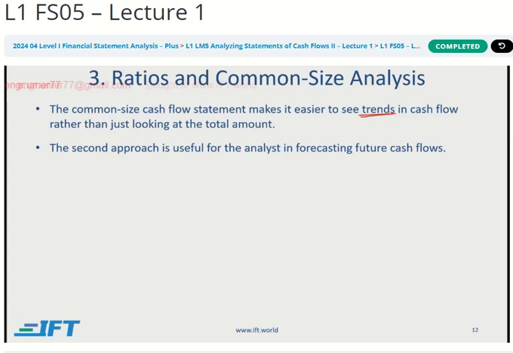Rather than seeing the whole amount, that okay, what are the sources of inflow and what are the uses of outflow, in percentage terms you can see, okay, my sources are coming 80% from, let's say, cash flow from operations from customers, and my uses are 80% going into cash flow from investing, and within that it is going into depreciation. So when you see it as a percentage of inflow and a percentage of outflow, you're really able to identify the trends in your sources and uses, right?